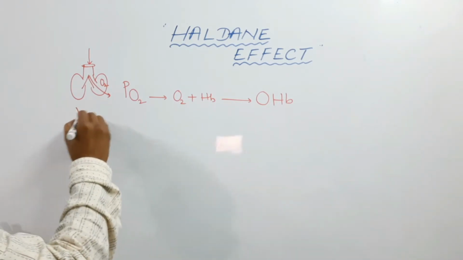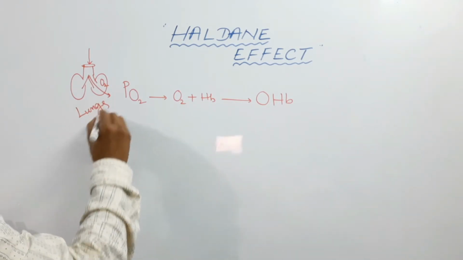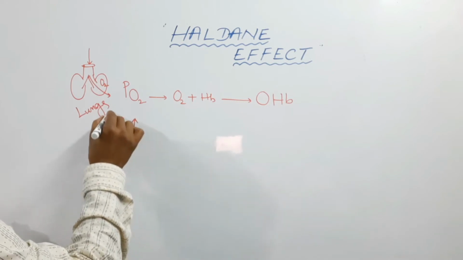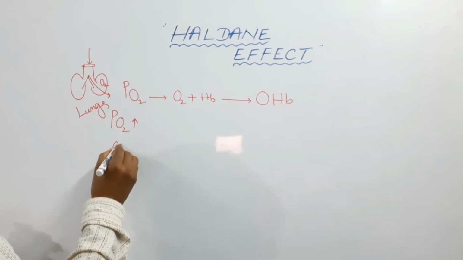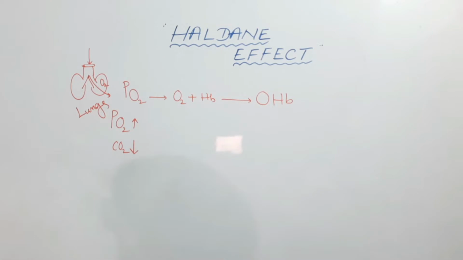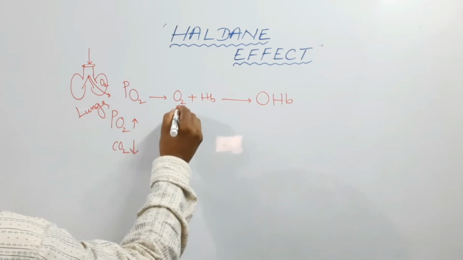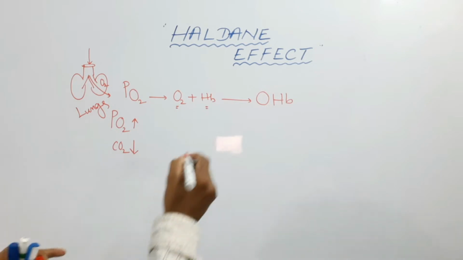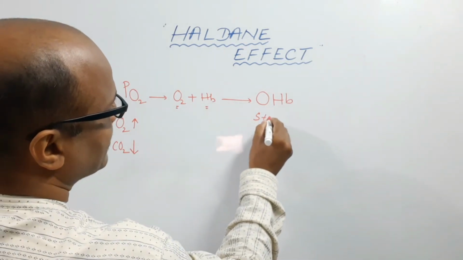So at the lungs side there is more oxygen, so the partial pressure of oxygen is high, and the partial pressure of carbon dioxide is low here. That's why oxygen reacts with hemoglobin and forms oxyhemoglobin, which acts as a strong acid.